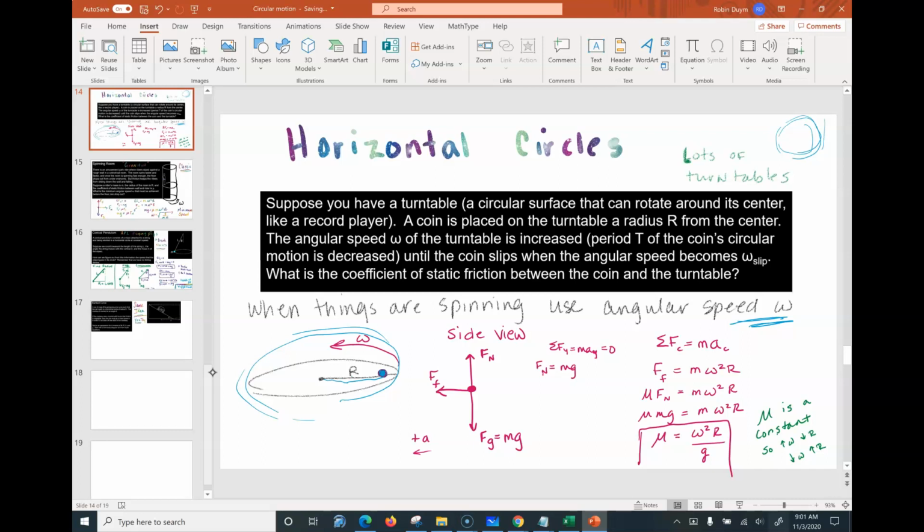We're going to do a side view of the coin. It looks just like your car problem. The center of the circle is directed this way. And just as a quick side note, if we analyzed it from this side, our free body diagram would look like so. Those two cancel out, and our frictional force would be this way.